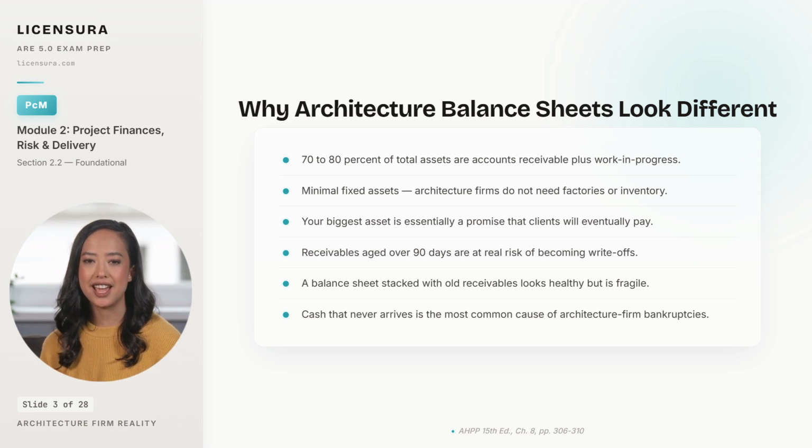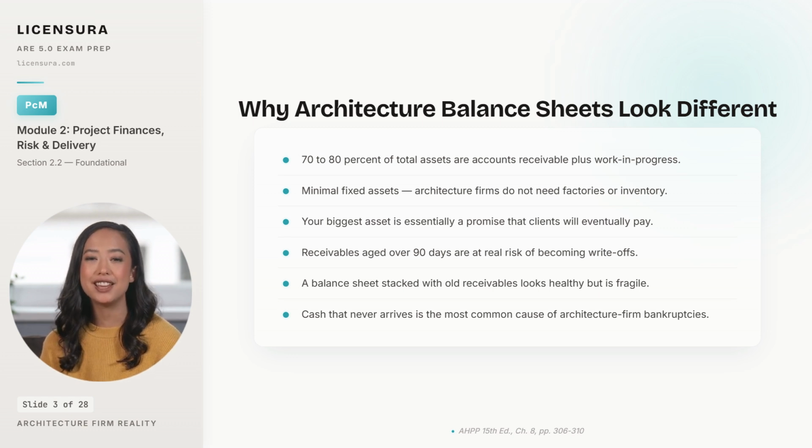Between 70 and 80% of total assets are accounts receivable plus work in progress, money clients owe you, and money you have earned but not yet invoiced, while fixed assets are minimal because we do not need factories, inventory, or anything beyond computers that depreciate to nothing. The implication is sobering. Your firm's largest asset is essentially a promise that clients will eventually pay the invoices you have already sent, and promises are not cash.